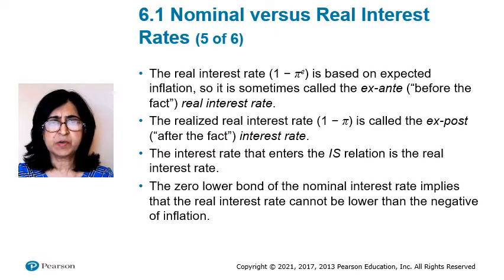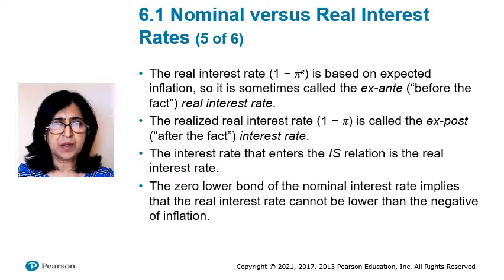Nominal versus real interest rates, the zero lower bound, and deflation. So, which interest rate should enter the IS relation? Clearly, in thinking about consumption or investment decisions, what matters to people or to firms is the real interest rate, the rate in terms of goods. This has a straightforward implication for monetary policy.